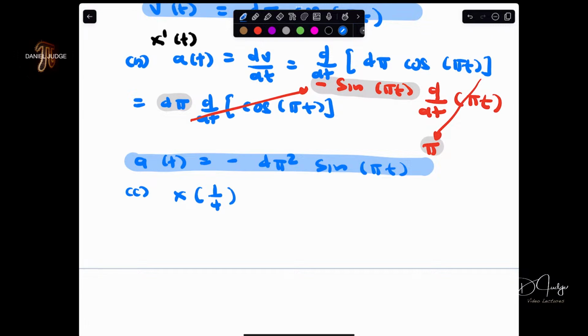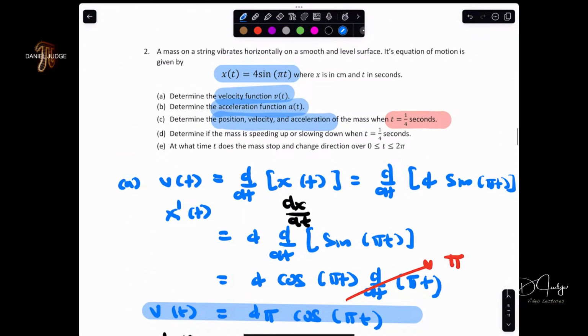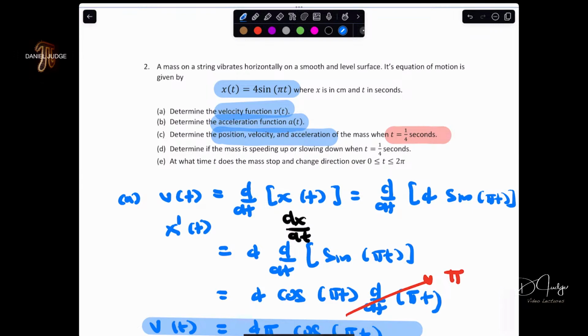X of 1/4, V of 1/4, A of 1/4. That's what they want. So plug in now 1/4 for t.